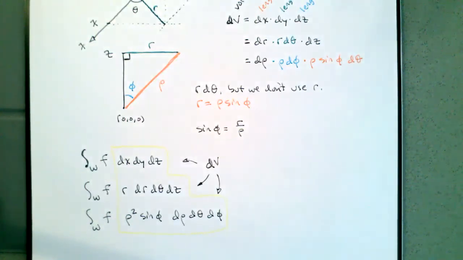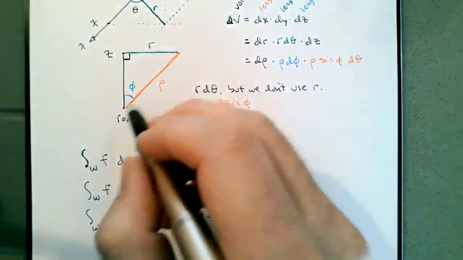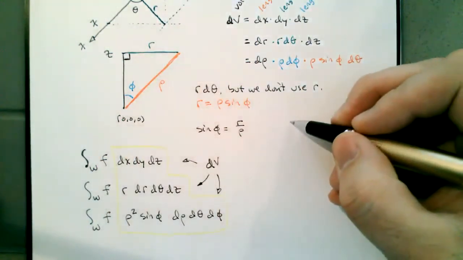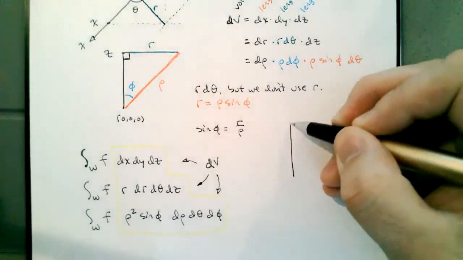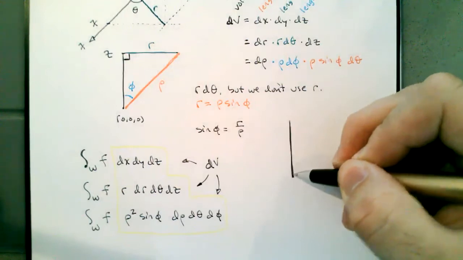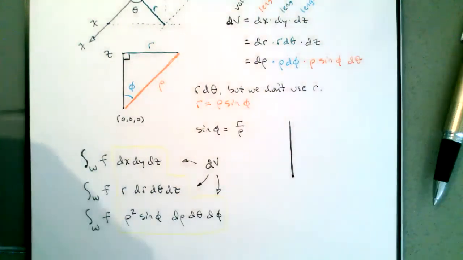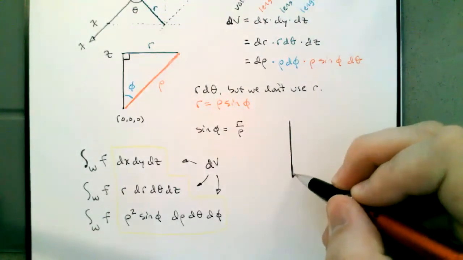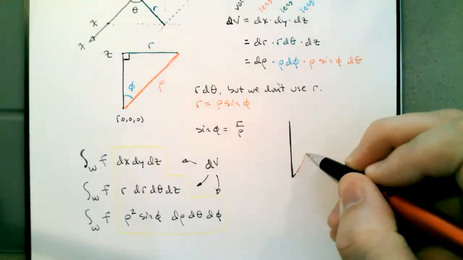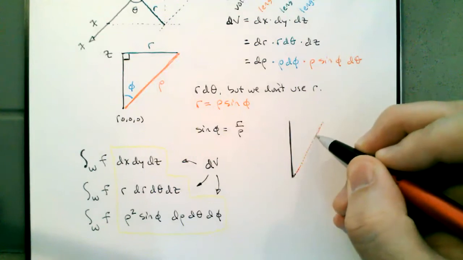So we're taking, as far as the slices go, a small change in phi. So we've got the z-axis up here. The small change in phi is down here at, let's see.